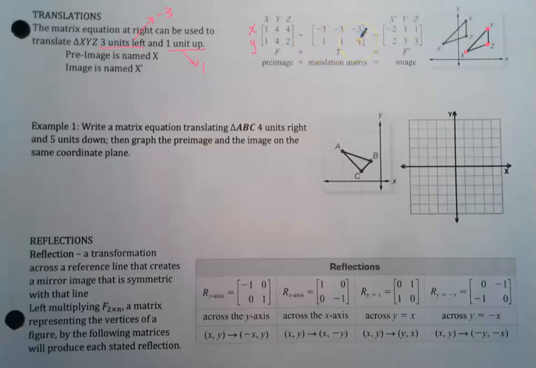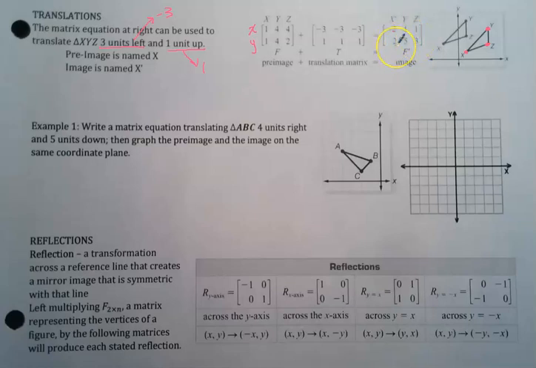If you remember how to add matrices, you just add the corresponding parts. So negative 1 plus negative 3 is negative 2. 4 plus negative 3 is 1. 4 plus negative 3 is 1. 1 plus 1 is 2. 4 plus 1 is 5. 2 plus 1 is 3.